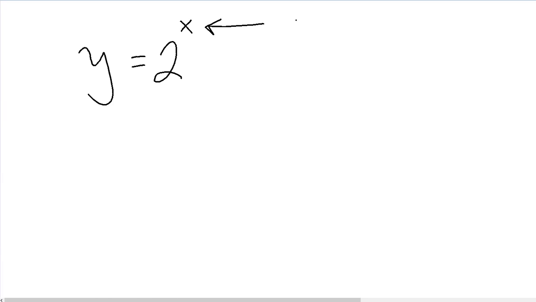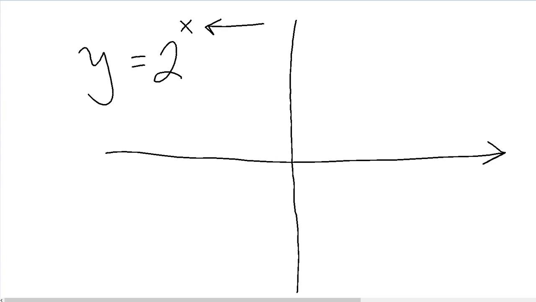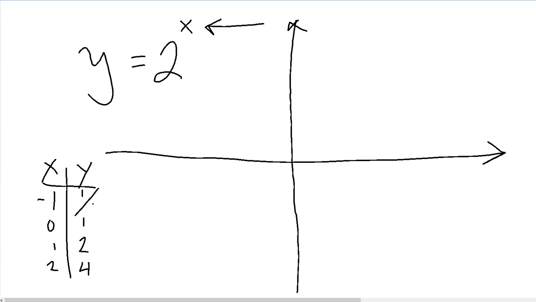If I want to draw this graph, you did some of these, I hope, in 3.1, I can make a little chart, and I could pick a few values, and then I could find these values. 2 to the 2 is 4, 2 to the 1 is 2, 2 to the 0 is 1, 2 to the negative 1 means take the reciprocal.